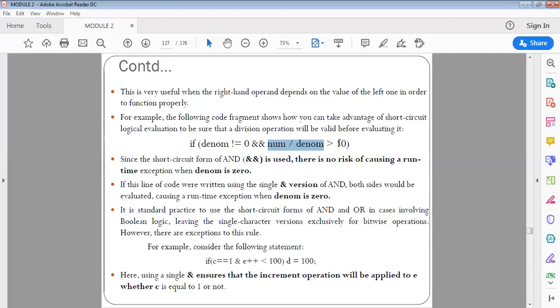Num by denom greater than 10, that condition is false. True and false will result in false only, because it is an AND operator. True is 1, false is 0. 1 into 0 will give the value 0. So that's why we take it as denom equal to 0. That is one particular example.